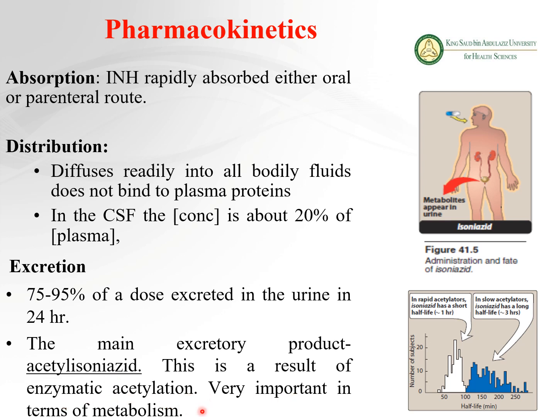This is very important in terms of metabolism, because fast acetylators will metabolize this drug rapidly and will have a short half-life, but in slow acetylators it will have a longer half-life. And acetyl isoniazid, the byproduct of isoniazid, is very toxic as well. So fast acetylators will have more acetyl isoniazid and can have more side effects as compared to slow acetylators.